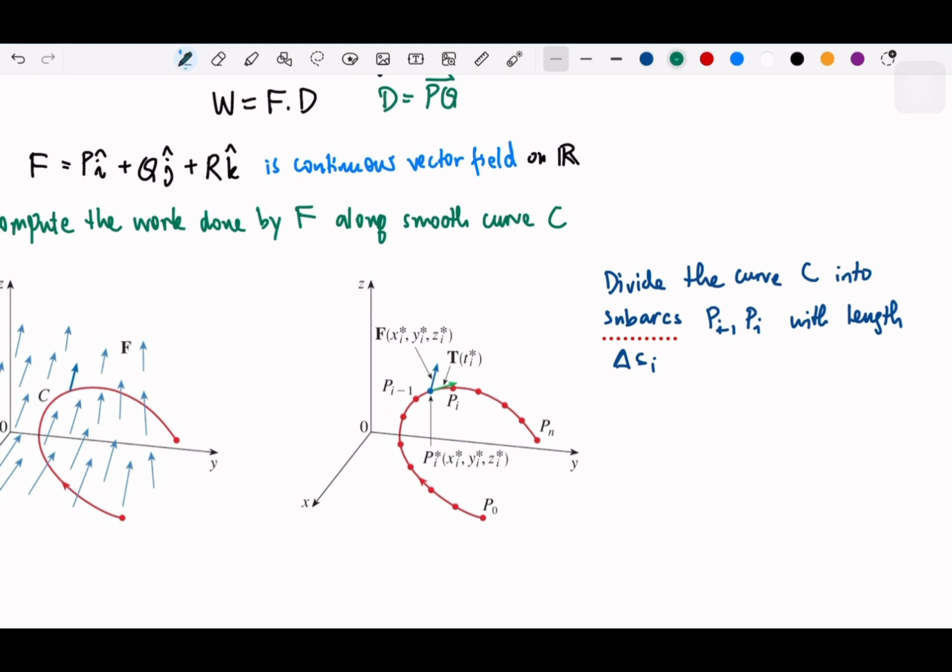So meaning this is going to be dividing the interval from A to B into subintervals.